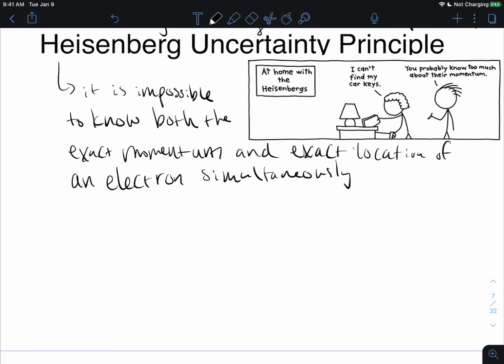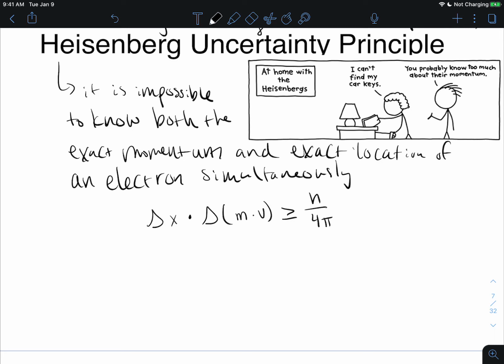So once we know the velocity of a particle, for instance, an electron, we can determine the uncertainty of its location using this equation. Our delta x, that uncertainty in the location, times the change in our mass times velocity, is greater than or equal to Planck's constant divided by 4 pi.